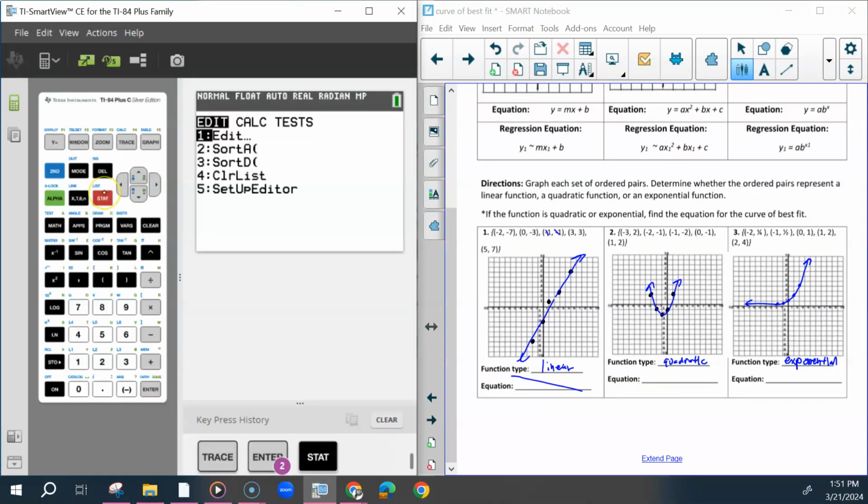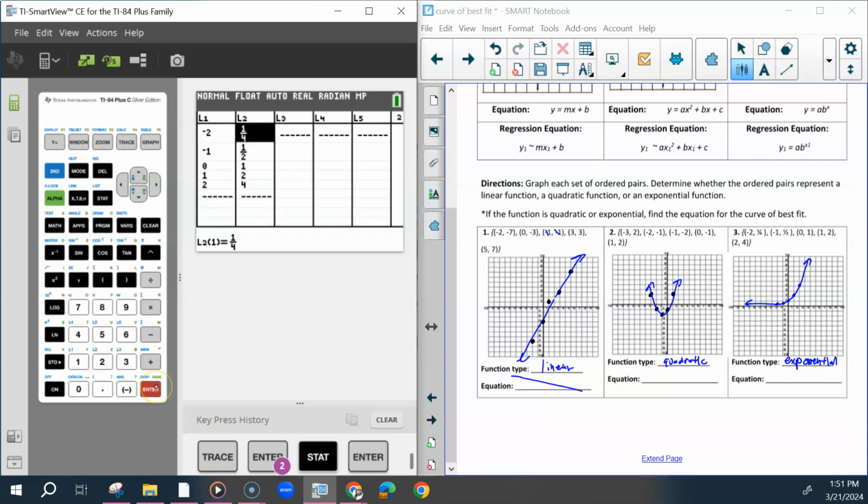Okay, so in the calculator for the second one, I'm going to go into Stat, go into Edit, and I need the points -3, -2, -1, 0, and 1. And then in this, I'm just going to clear this out. And then I need the points 2, -1, -2, -1, 2.